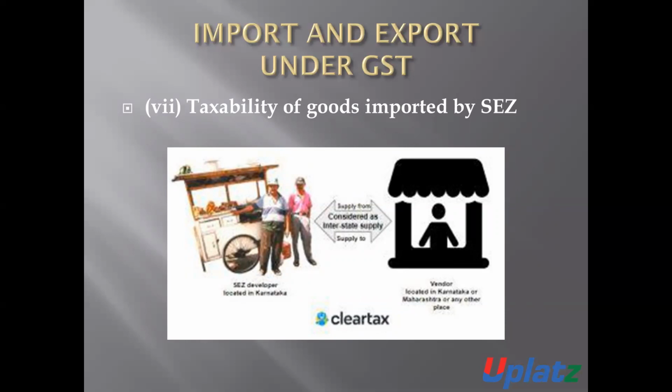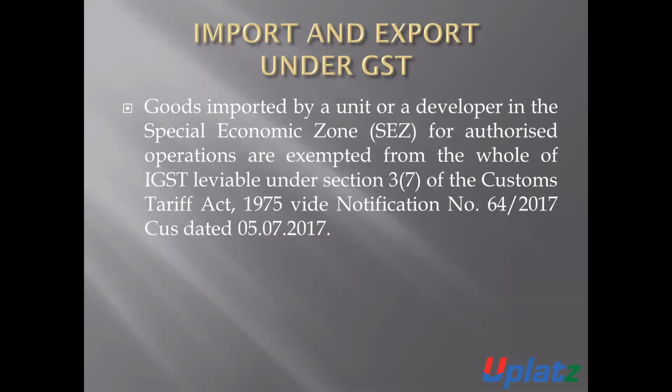Goods which are imported by a unit or a developer in the special economic zone for authorized operation are exempted from the whole of the GST levy under section 3 subsection 7 of the Custom Tariff Act.